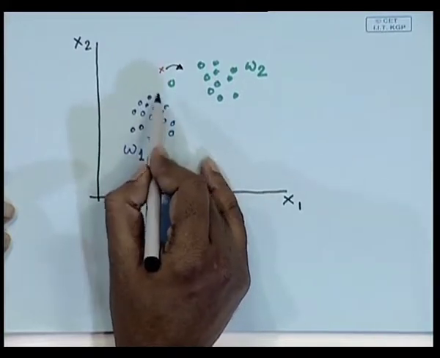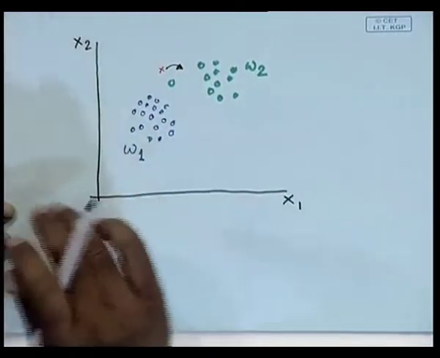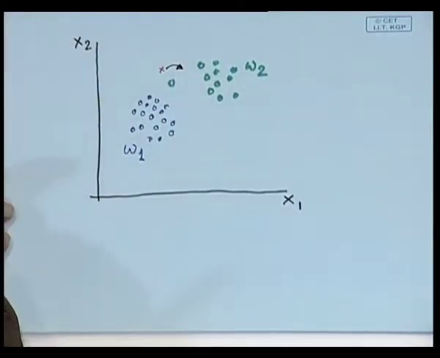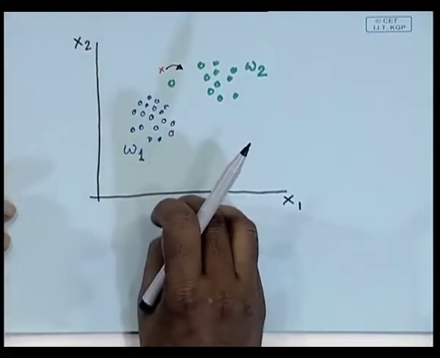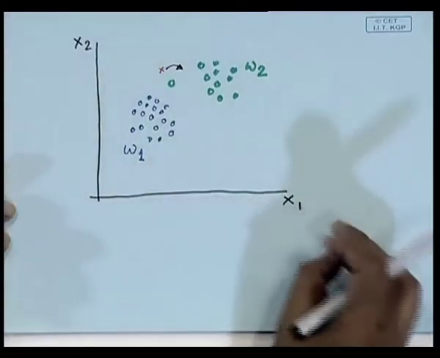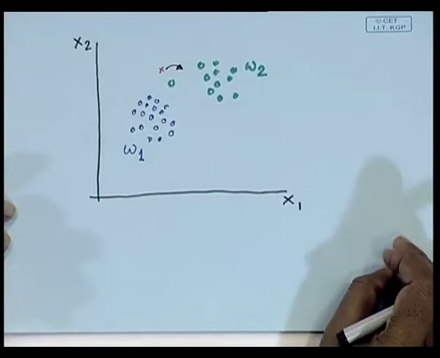But without looking at the density of the training samples, we are blindly classifying this unknown sample to a class which is nearest to one of the training samples. Okay. So, this sort of nearest neighbor rule does not take into consideration the maximum probability of a class.